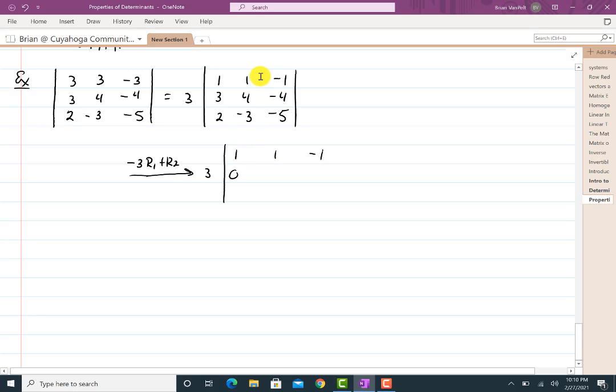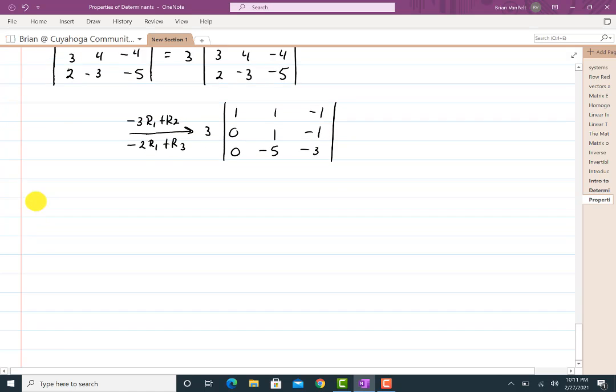So I did -3R1 plus R2, so I'll have a 1 in this spot. 3 minus 4 is -1. -2R1 plus R3. So -2, that'll make that a -5. And then we have 2 minus 5 will be -3.